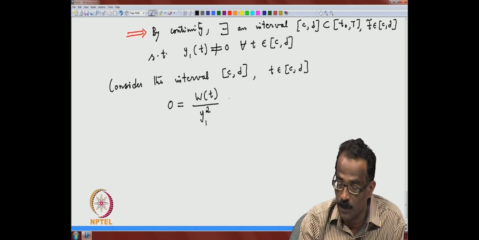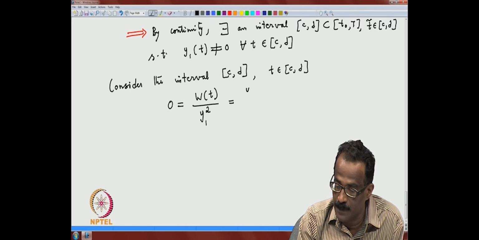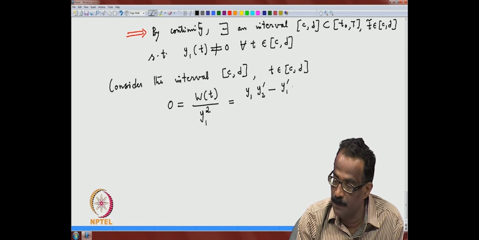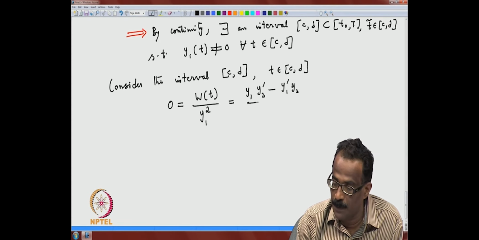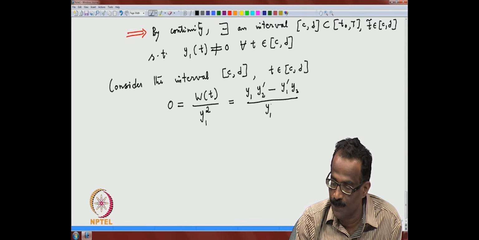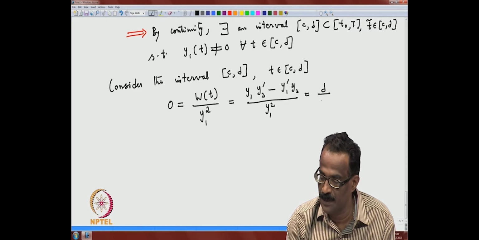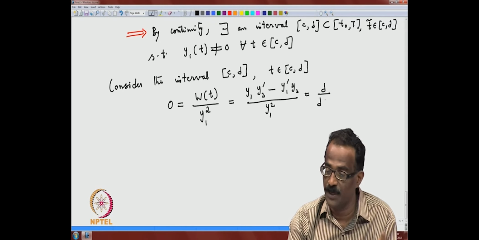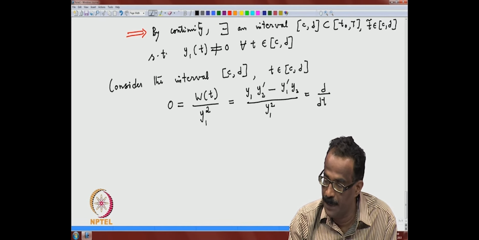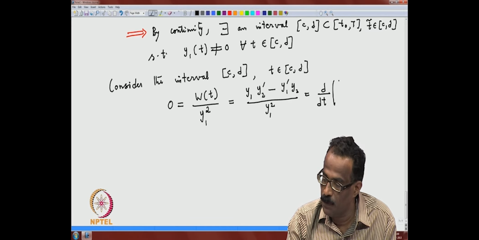So now you write this as (y1 y2 prime minus y1 prime y2) by y1 square. That is nothing but d by dt of y2 by y1.